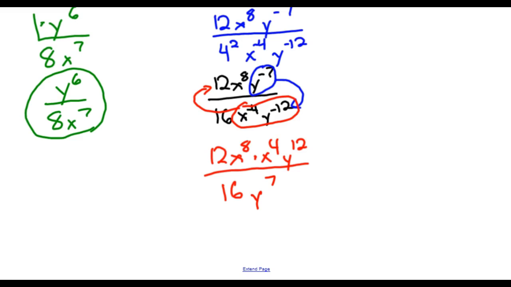What I see here is two things I can combine. I can combine my two x's. So what we're going to have then is 12x to the 12th power, y to the 12th power, over 16y to the 7th.